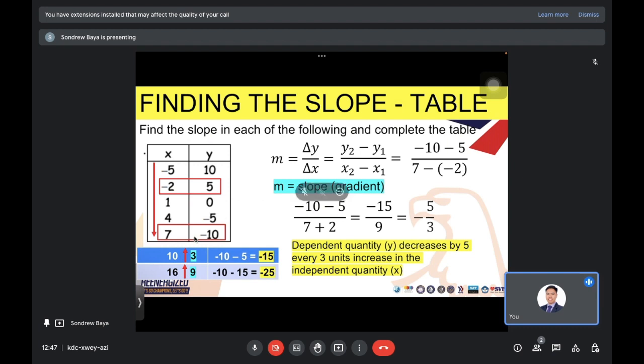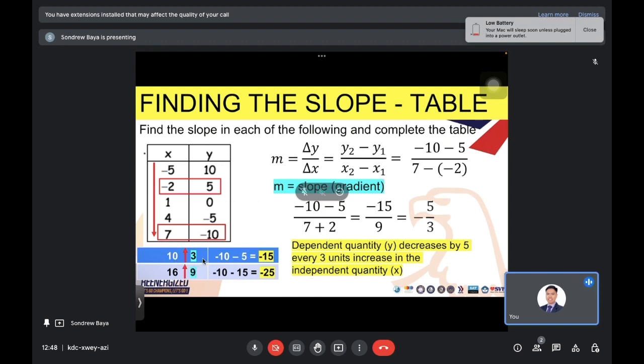So if we try to apply that here, if your x is now 10, that means from 7 it increased by 3. Therefore, your y should decrease by 5 units. Therefore, your y value is negative 15. Similarly, if your x value here is 16, from 7, it actually increased by 9 units.